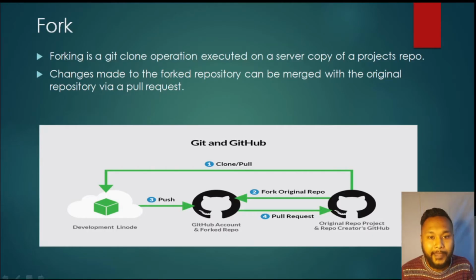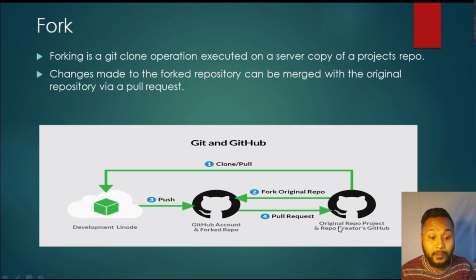So here we have a proper figurative illustration talking about the multiple methodologies that we can use: pulling a repository, pushing a repository, cloning a repository, or forking a repository. Let's talk about the scenario in the figure.